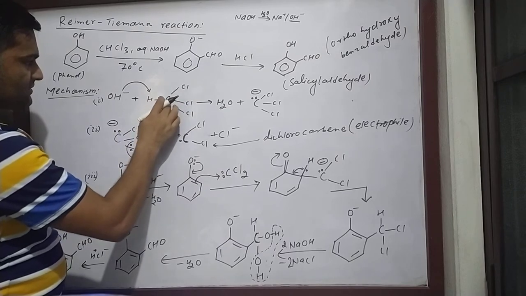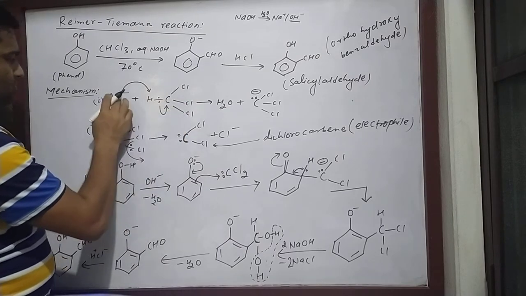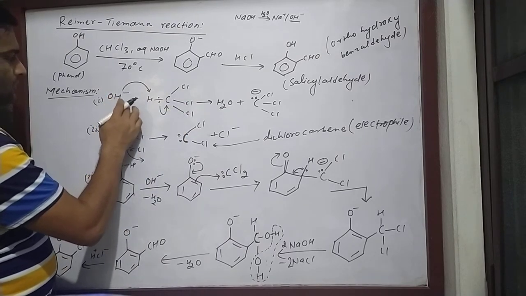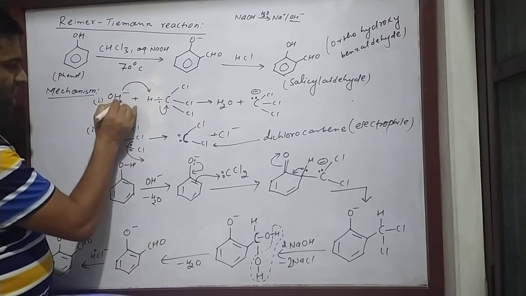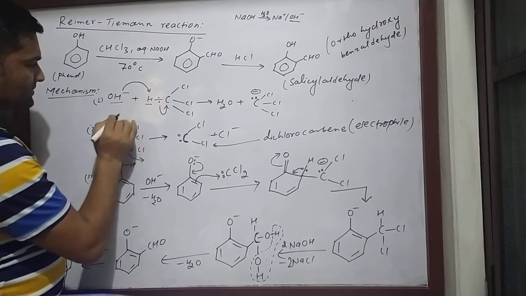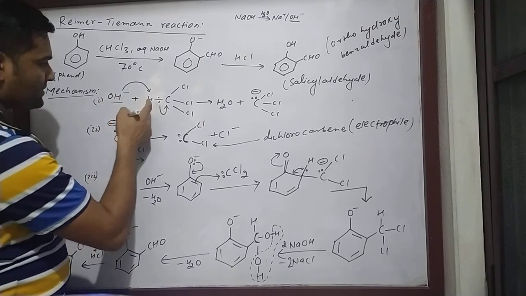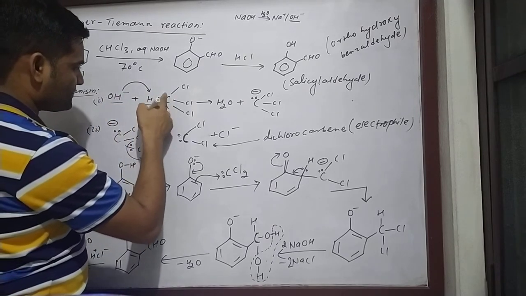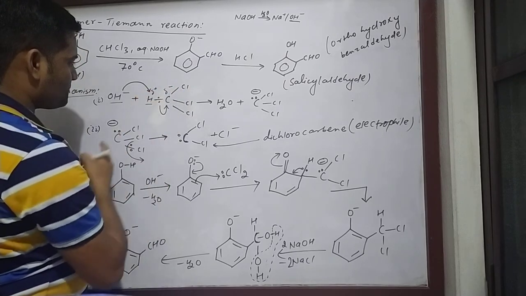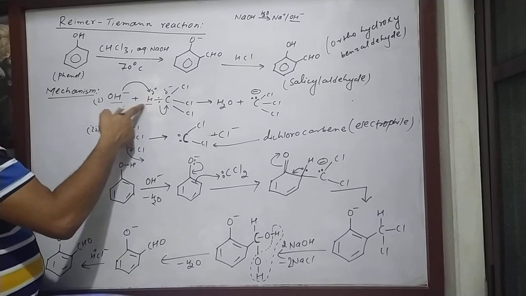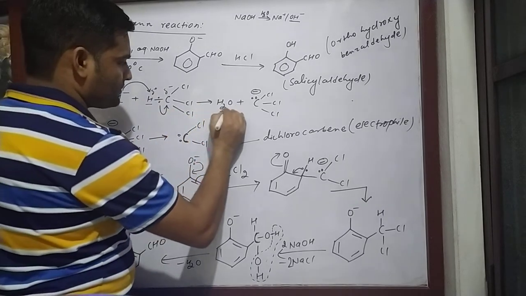OH minus combines with this hydrogen, and the electron pair shifts towards the carbon, so the carbon develops negative polarity and hydrogen positive polarity. H plus combines with OH minus to give H2O.